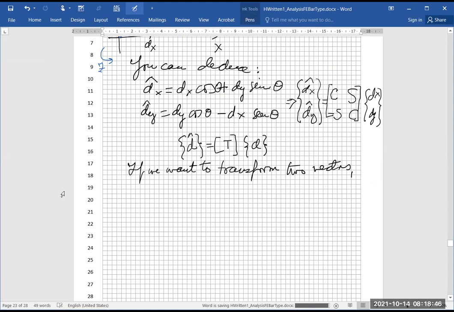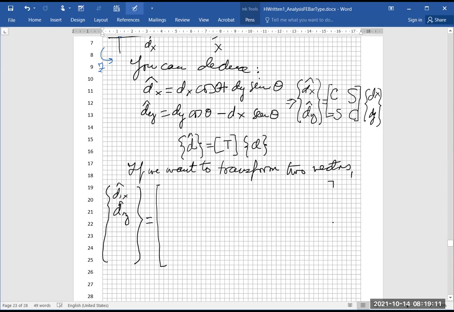So we said d1x, d1y. These are the two components of the first vector in the local reference system.